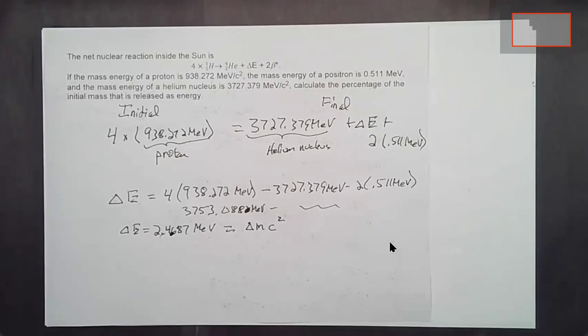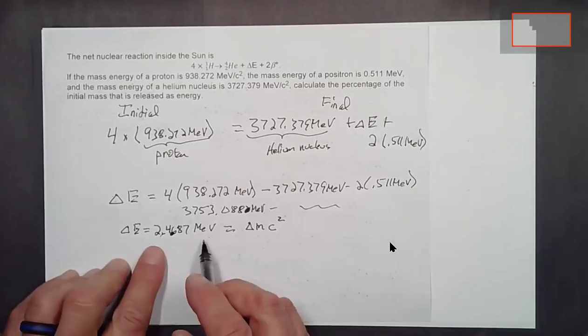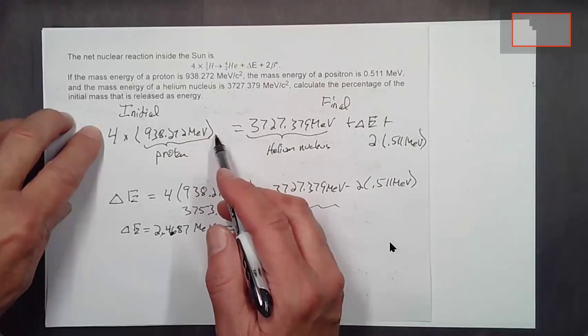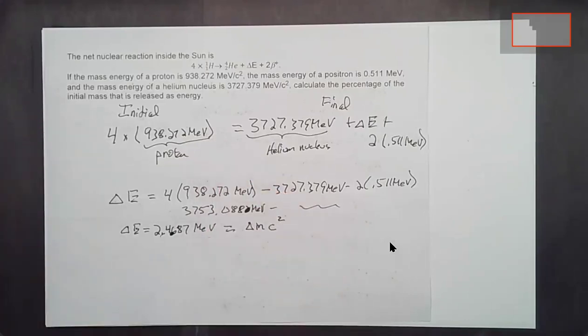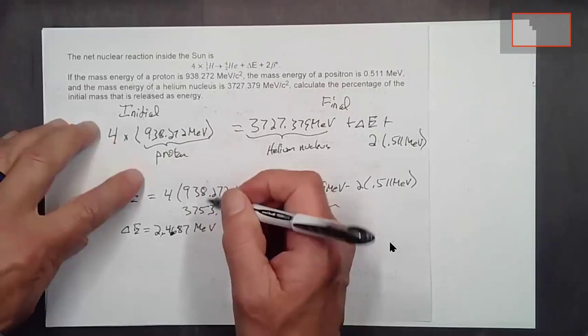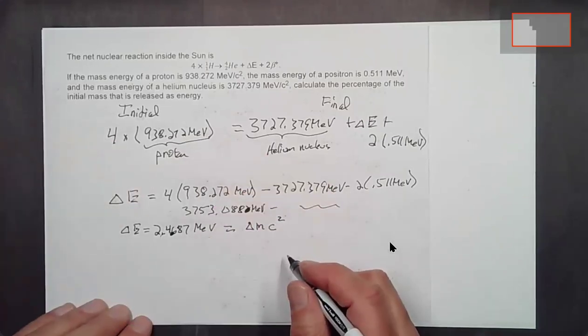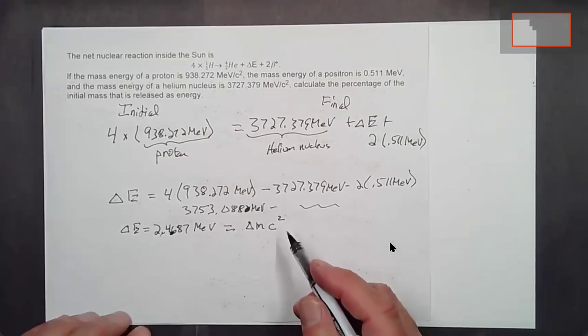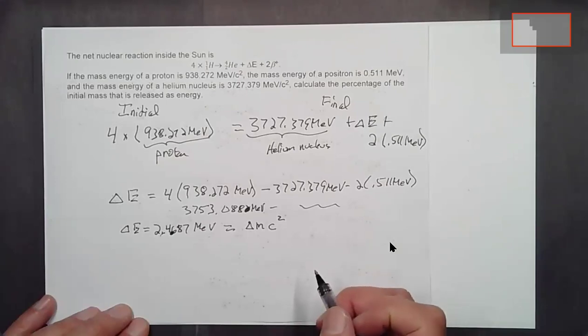Actually, we could just take this and divide it by that initial mass energy. And that'll tell us what fraction of that initial energy is released as energy. And that's equal to the fraction of the initial mass that's released as energy.